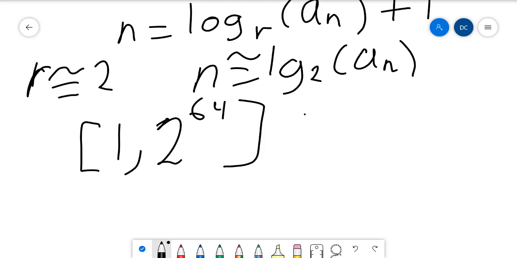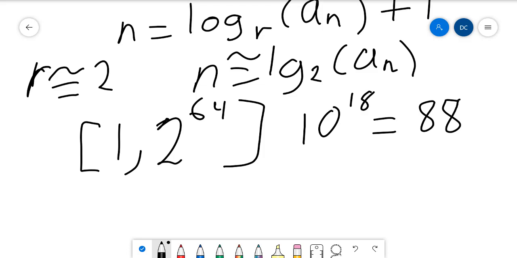Actually, for 10 to the power of 18, we get only 88 numbers of Fibonacci. So this is what we have to have in mind in order to understand the complexity of greatest common divisor.